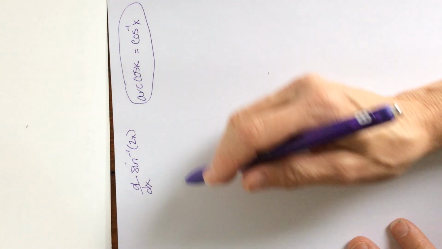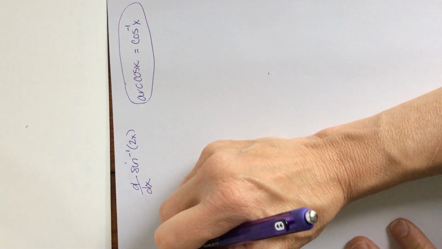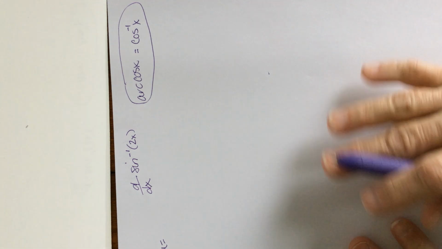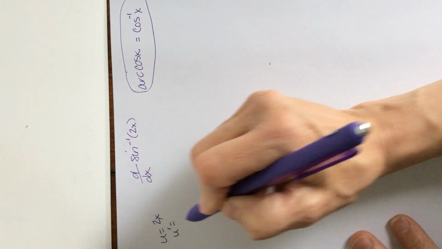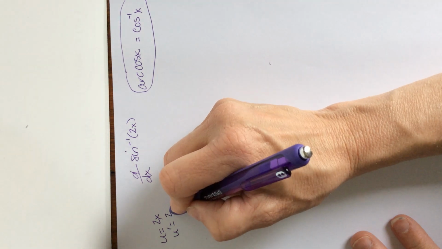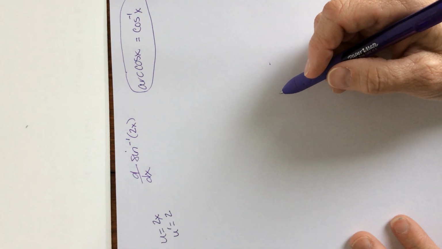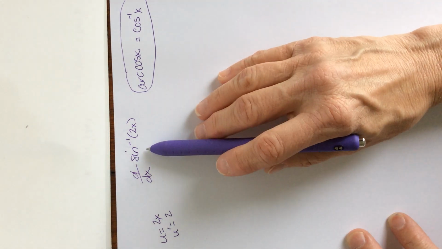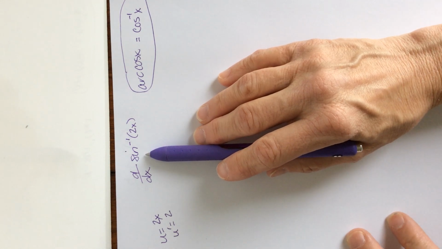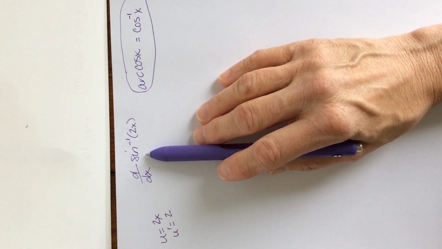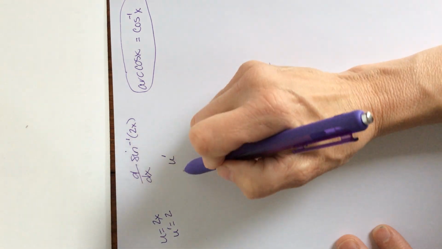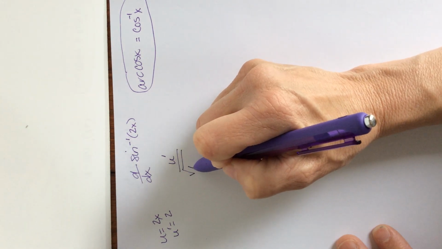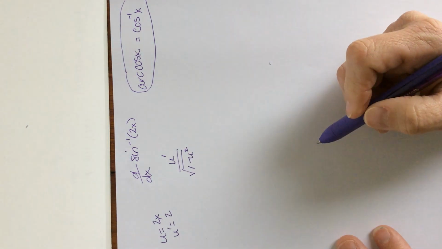So here's our first example. I'm going to use a u substitution. I'm going to let u equal 2x. That means u prime is going to be 2. The formula for finding the derivative of the inverse sine is u prime over the square root of 1 minus u squared.